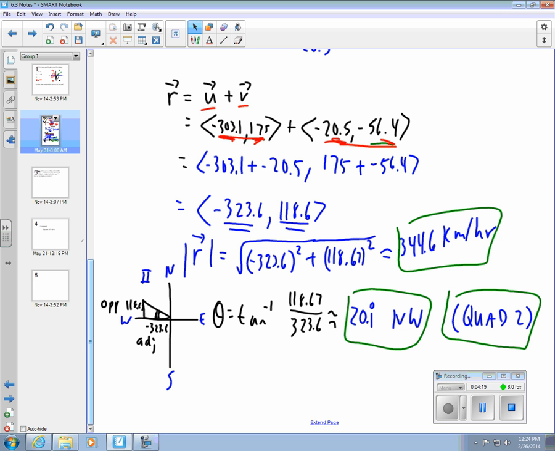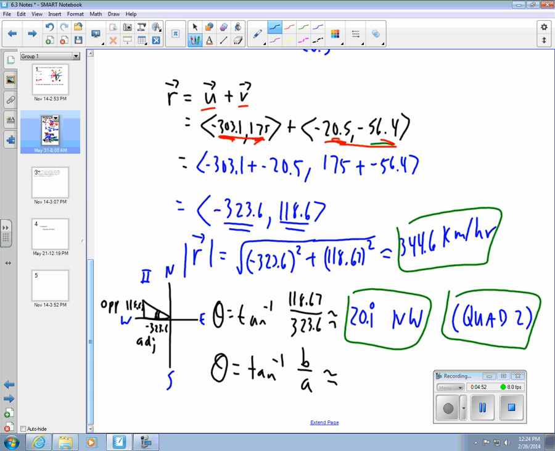And then the next step is to figure out the angle, because now this creates a different angle because the wind impacted it. Your A and your B here will always end up being your opposite and your adjacent. So if I want to give you a formula, it's going to be inverse tangent of B over A. Our B value here is 118.67, and our A value is 323.6.